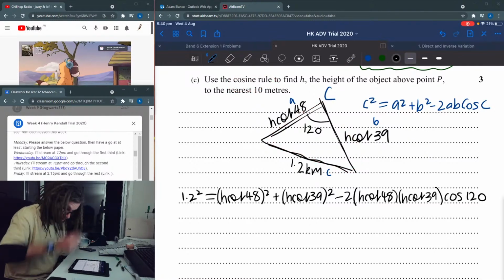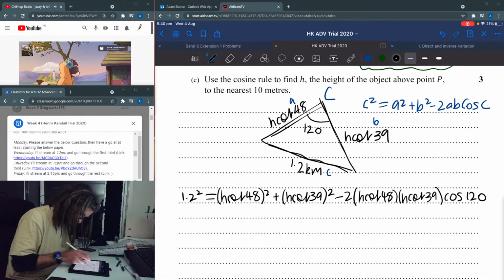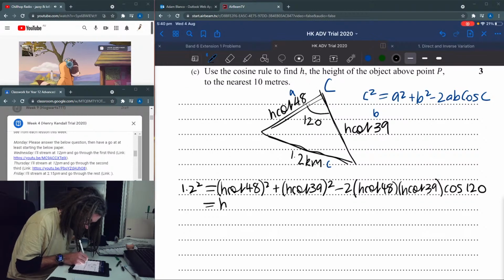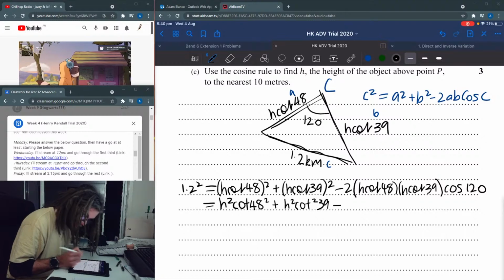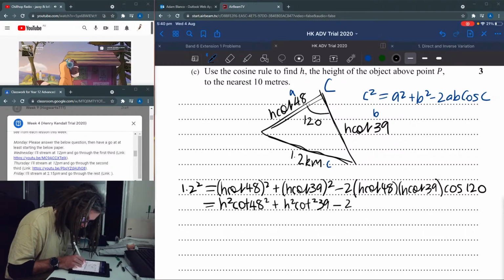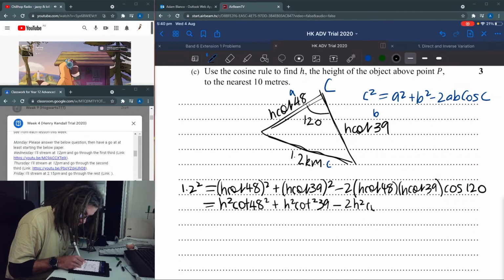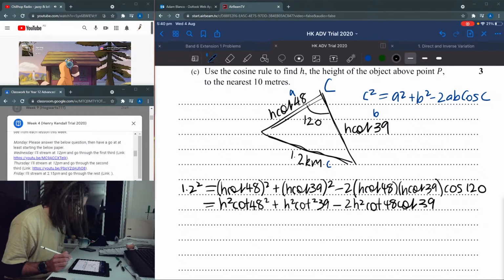Okay, I don't really know where to go from here, so I guess I'll just expand everything. h squared cot squared 48 plus h squared cot squared 39 minus, what have we got here? We've got 2h squared cot 48 cot 39 cos 120.